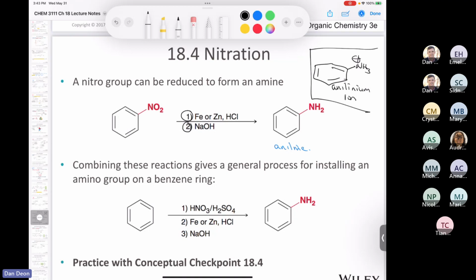And so it says combining these reactions gives us a way to install an amino group on an aromatic ring. Step one, do the nitration. Step two, do the reduction to the anilinium. And step three, convert the anilinium into the free base by removing a proton, just doing a simple proton transfer. And there you have it, my friends.